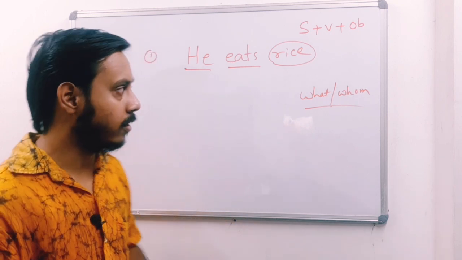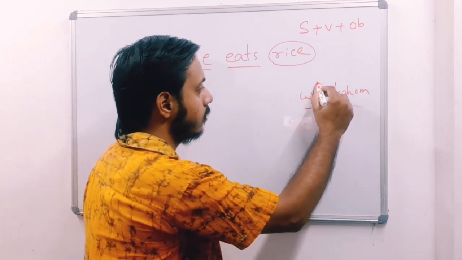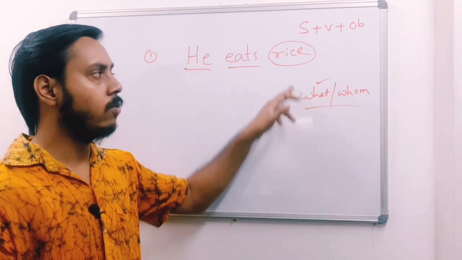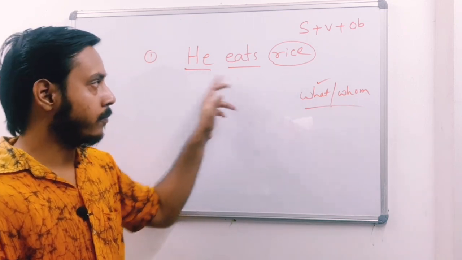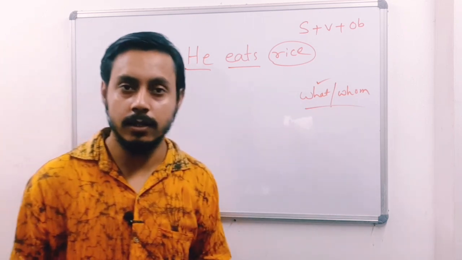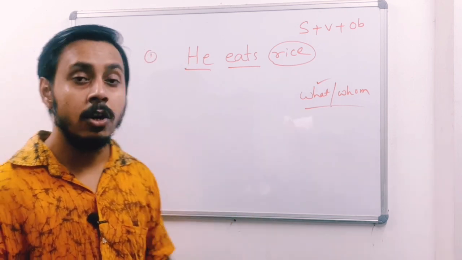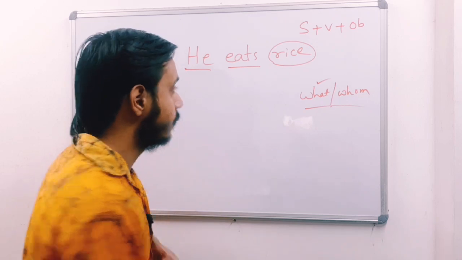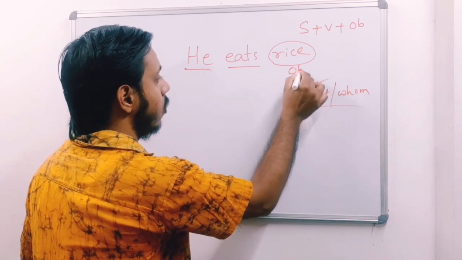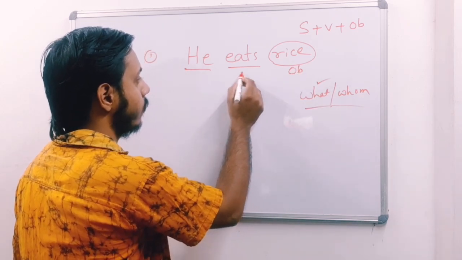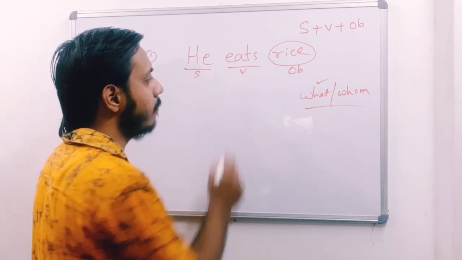Yes, it is the answer. So if we ask a question by what, we will get the answer, that is rice. Isn't it so? That means rice here is an object. Clear? There is no doubt. It is subject, it is verb, it is object.